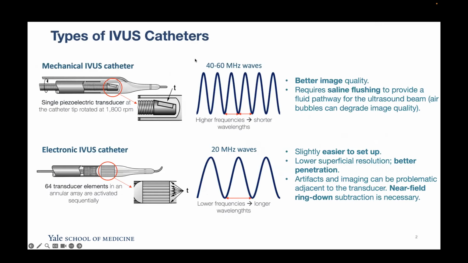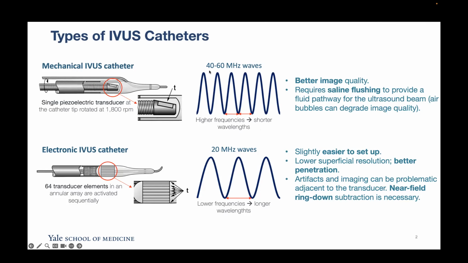So we basically have 2 types of IVUS catheter. One is a mechanical catheter that has one single transducer that rotates at 1800 RPM at the tip, and an electronic catheter, which has 64 transducers displayed circumferentially around the catheter. The basic differences are that the mechanical catheters have higher frequencies and shorter wavelengths.